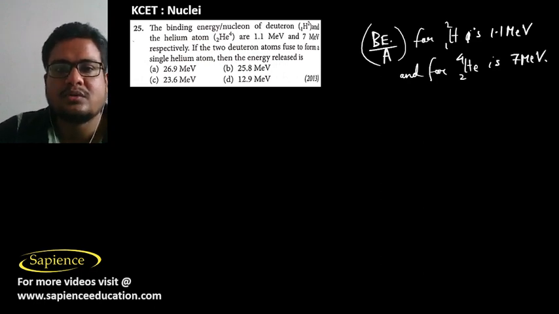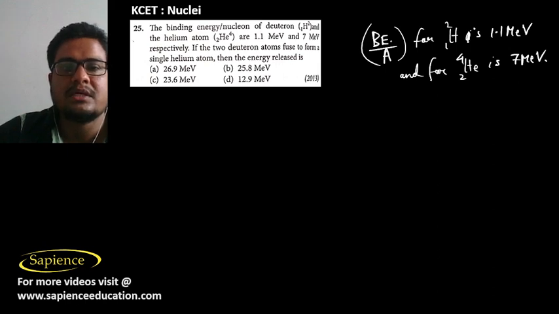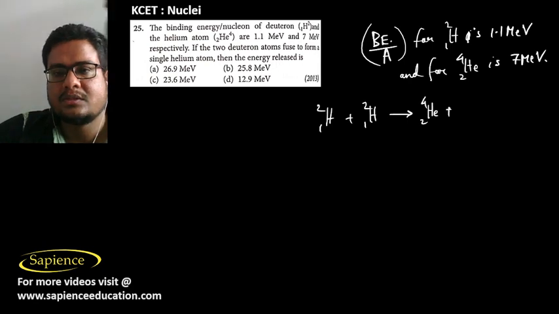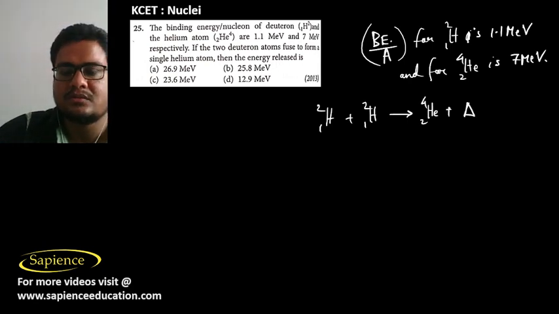If two deuteron atoms fuse to form a single helium atom, then the energy released is how much? Therefore here we need to find the energy.